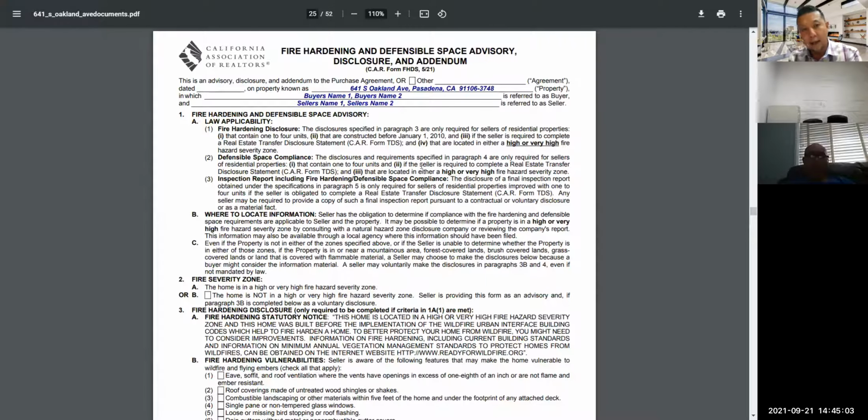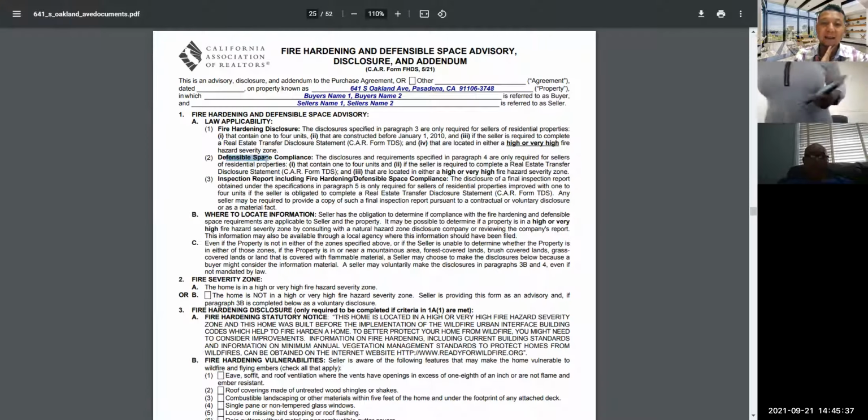Now, this form here is a new form, just created in May 2021. It's the Fire Hardening and Defensible Space Advisory. I want to spend some time on this one because it's important to understand this applies to every transaction that requires a TDS and that is located in a high or very high fire zone. There needs to be this disclosure sharing that they're going to have to create and be in compliance with defensible space.